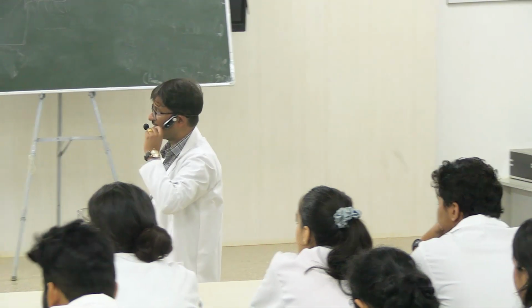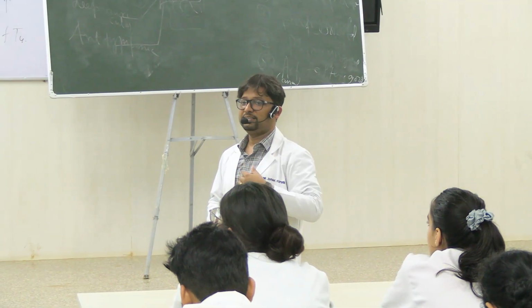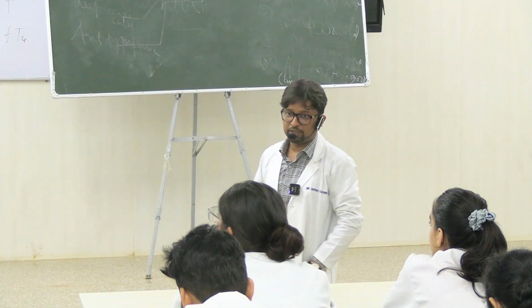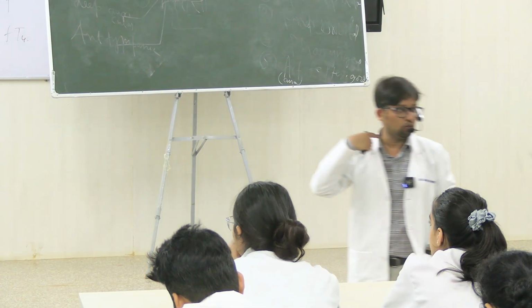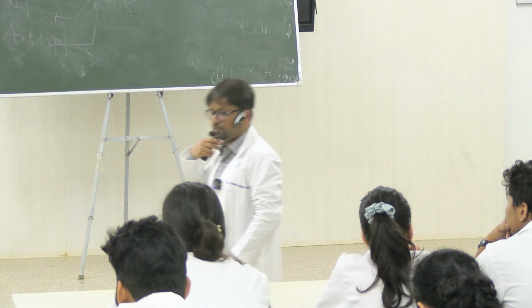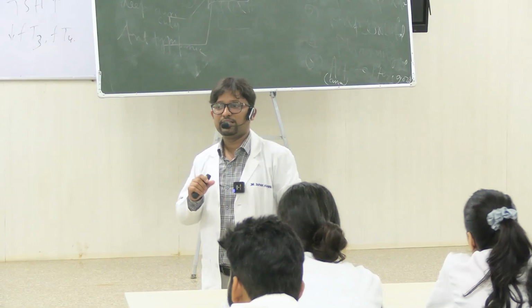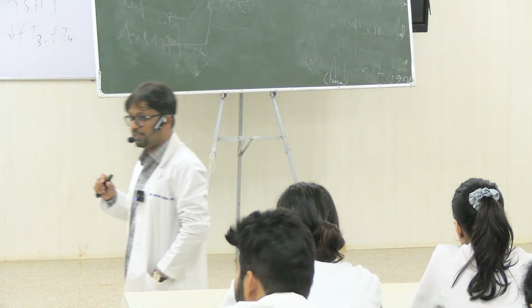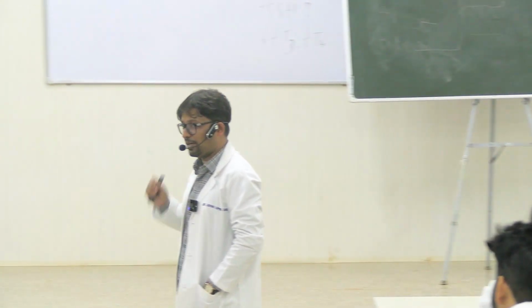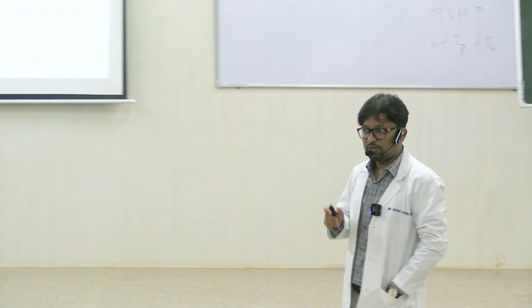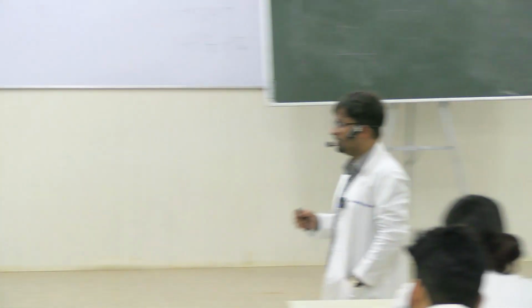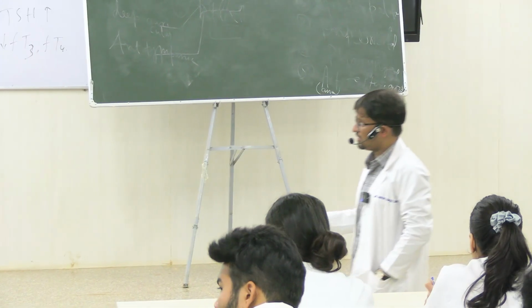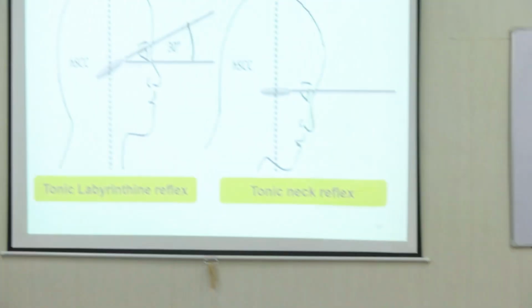If a person is standing straight, head erect, the neck is neutral. There is no traction, flexion or extension on the neck. So if you put your head erect, the neck is neutral. But there is a slight difference in the position of the vestibular apparatus. Look at this picture.